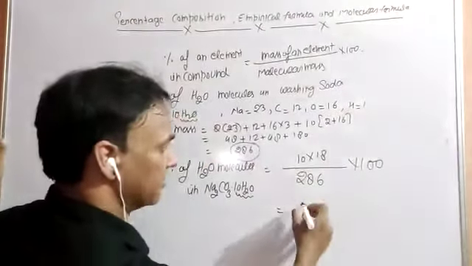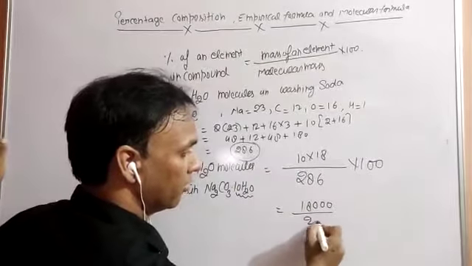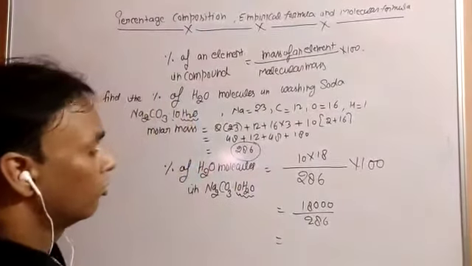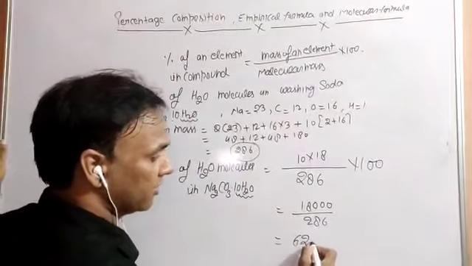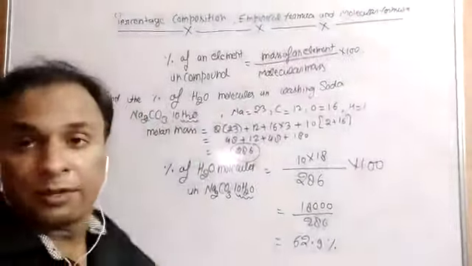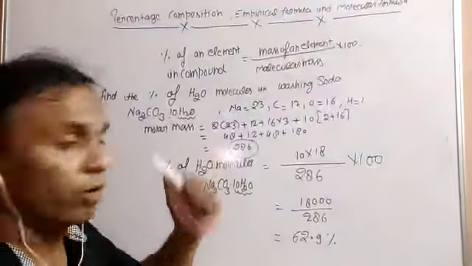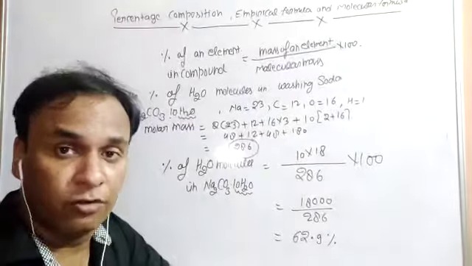That means 1800 upon 286. Now we get approximately 62.9 percent of crystalline water molecule present in washing soda.